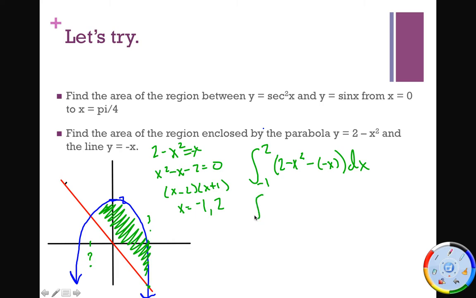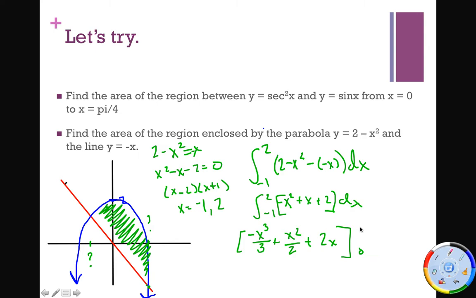If I simplify this to make it an easier function to integrate, this would be negative x squared plus x plus 2 dx. And I get the very simple function, negative x to the third over 3 plus x squared over 2 plus 2x evaluated from negative 1 to 2.